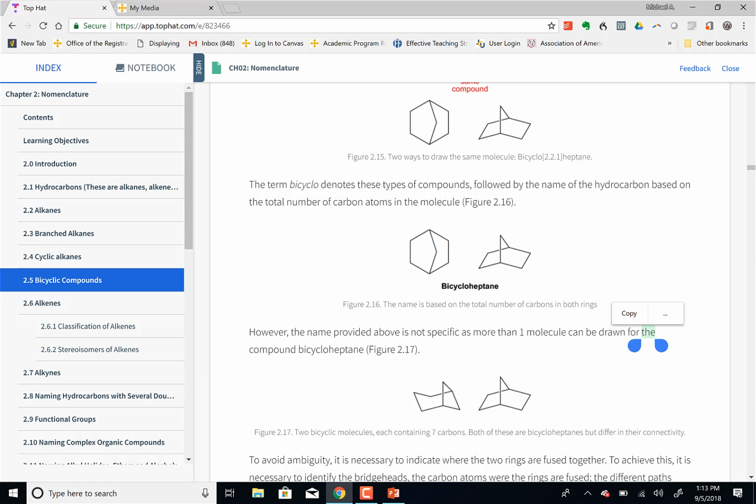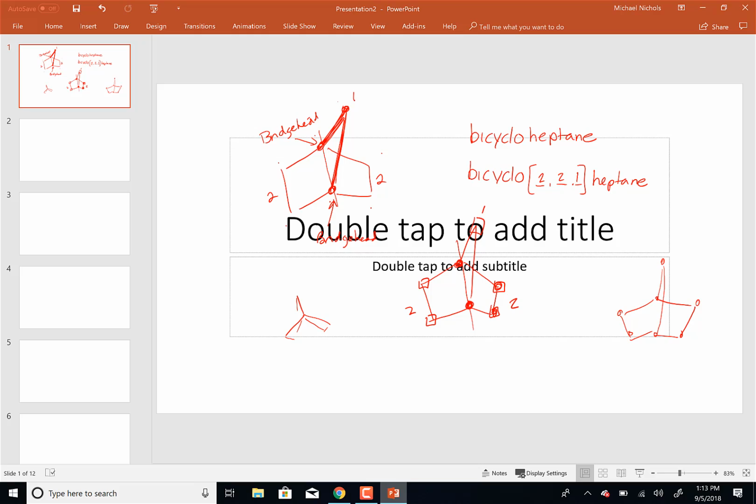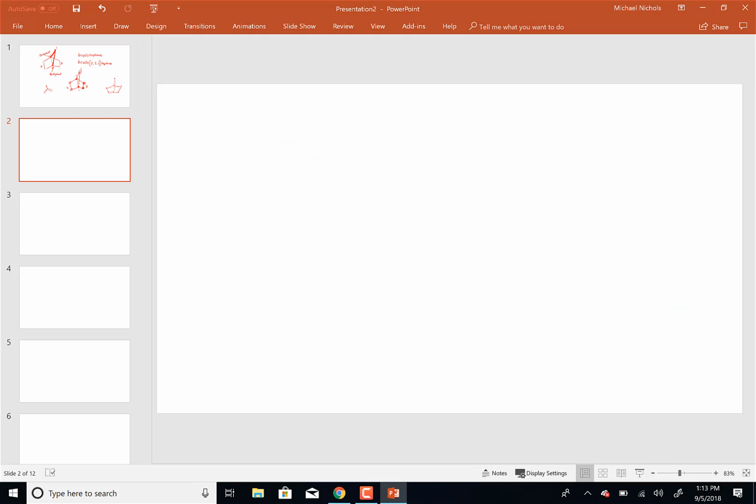So let me draw that one, and then it has 1 here and 1 there. So this one is still a bicycloheptane, only in this case, the 2 bridgeheads are here. The way I would identify the bridgeheads is that they're the carbons in the ring systems with 3 carbons attached.